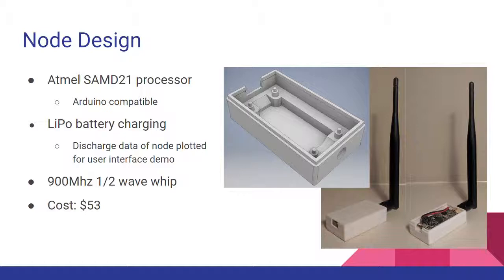And talking about the 3D printed enclosure, it's just a simple CAD design I threw together with some mounting holes based around the dimensions of the board that I bought from Adafruit, with a hole in one end for the antenna and a hole in the other end for the micro USB port. And there's a little lid. I didn't bother showing the CAD rendering of the lid because it's pretty obvious from the pictures, but it snaps on. You can see there's a little recess, and it generally looks nice. It's attractive. So that's the node.